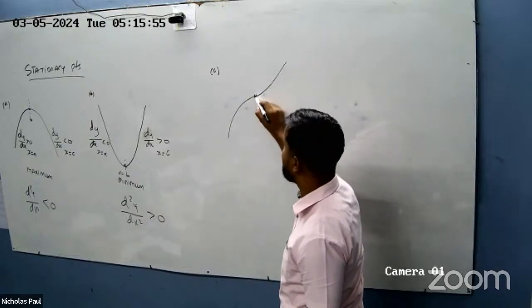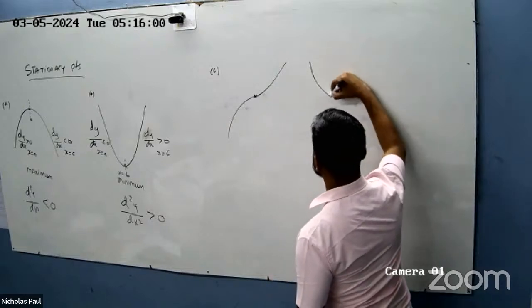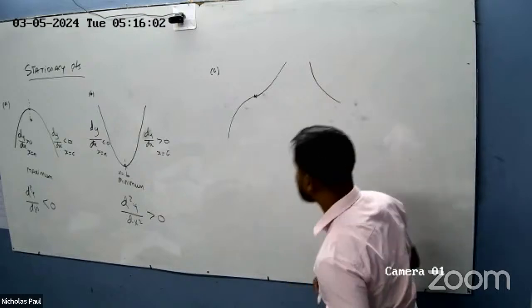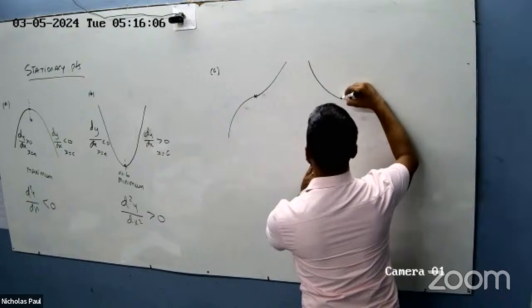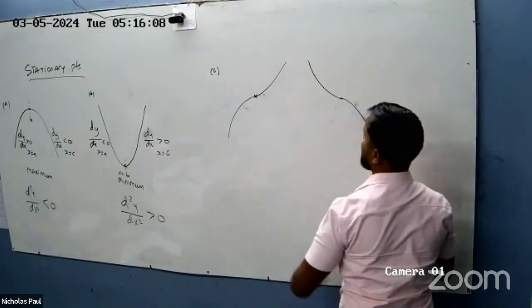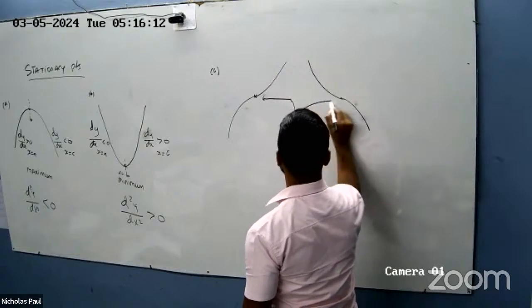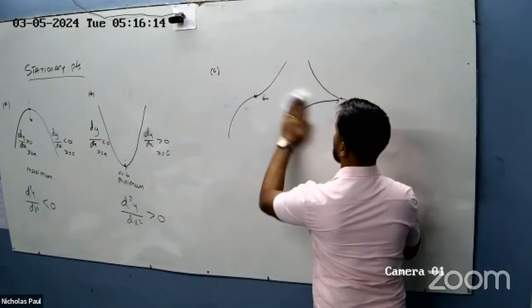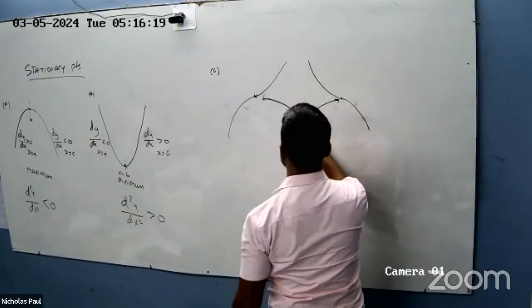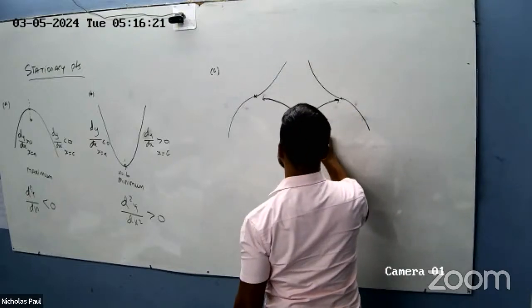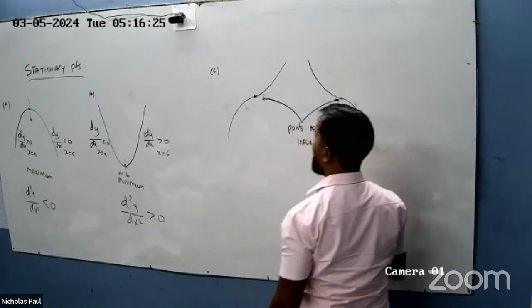Or the other way around, it's decreasing and it continues to decrease. These two points here are called points of inflection.